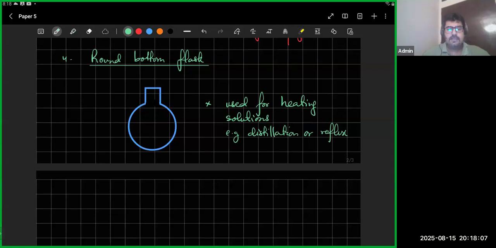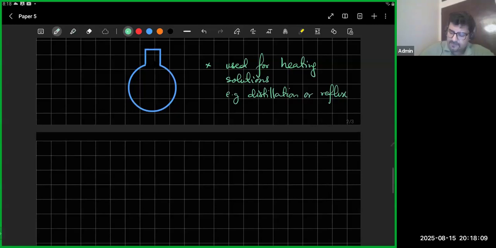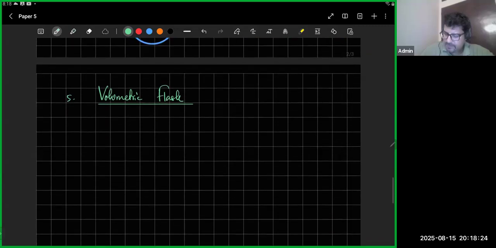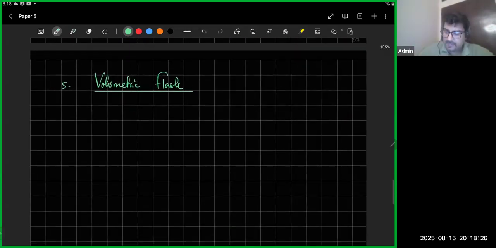There's another one which is a volumetric flask, number five. ठीक है. अच्छा, volumetric flask. This is important. Volumetric flask is kind of like a conical flask. So volumetric flask is something.